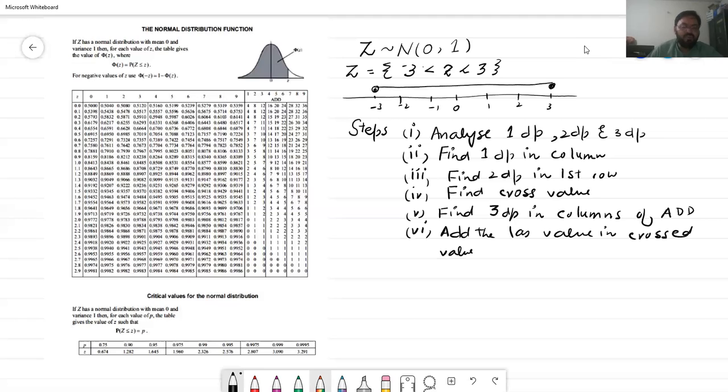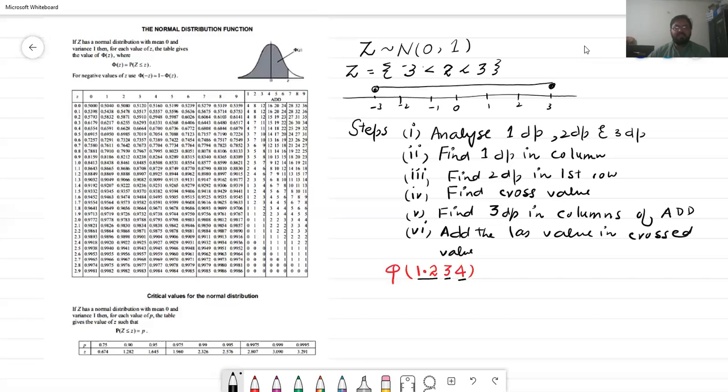If you want to find the answer of phi of 1.234, how many decimal places are there? There are three decimal places. The first decimal place is 1.2, the second decimal place digit is 3, and the third decimal place is 4.